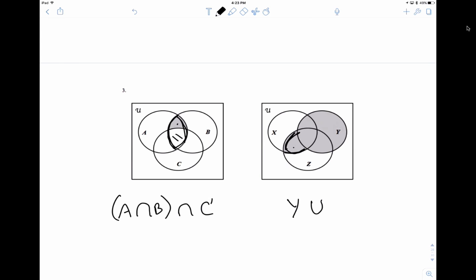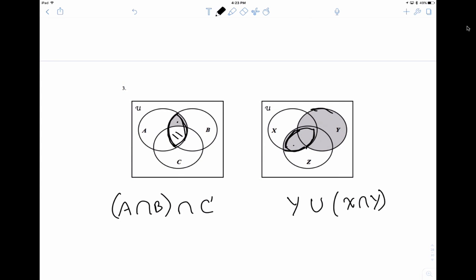This is the intersect of X and Y, a part of it. We've got a union of this and this. Y and the intersect of X and Y.